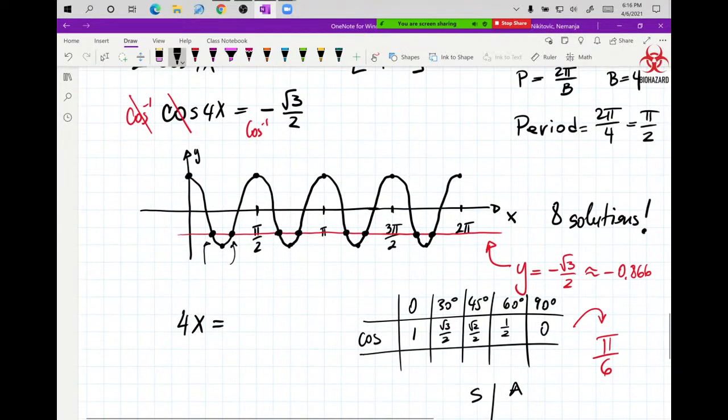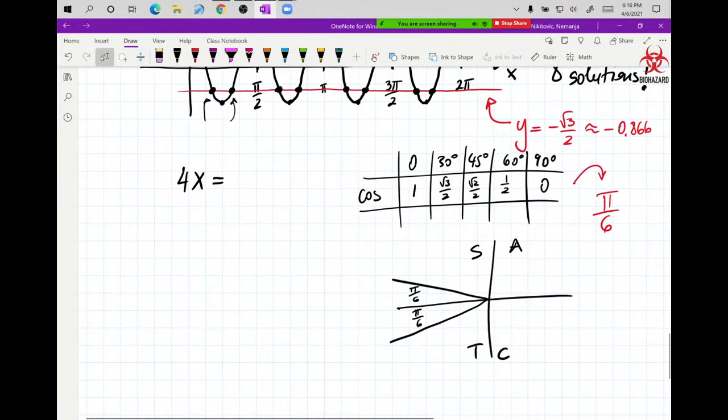Why negative? Because it was negative over here in the value. Now, what are those two angles? Well, the top angle is pi minus pi over 6. So this angle is 5 pi over 6. So 5 pi over 6 is your first angle up there.